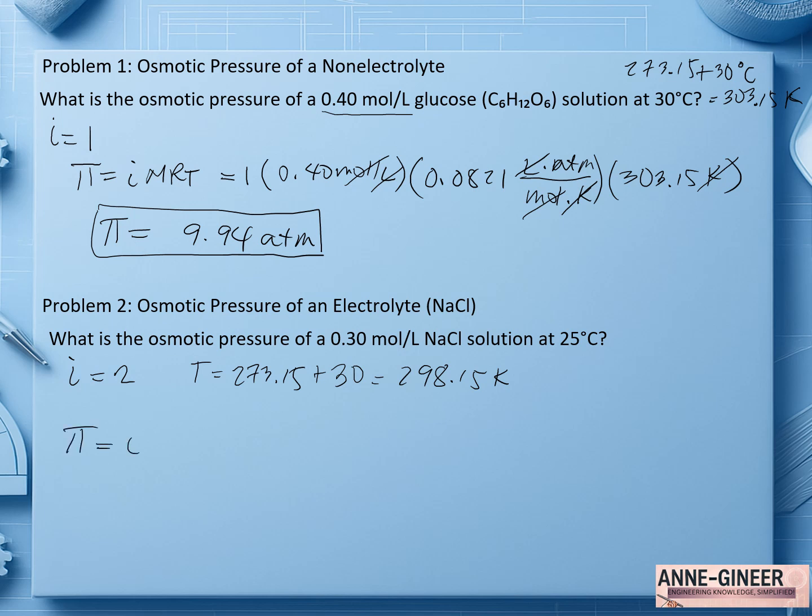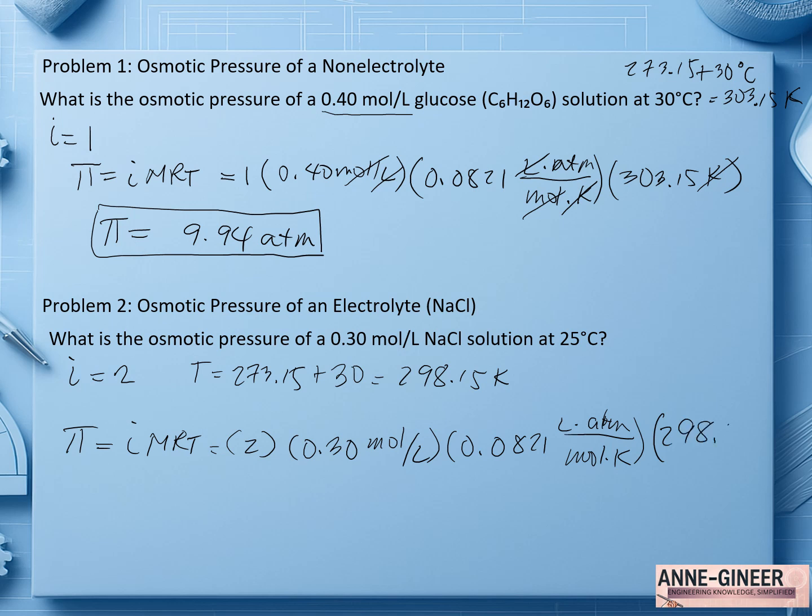Let's just put the values: 0.30 mole per liter times 0.0821 L atm over mole K times 298.15 Kelvin. Let's cancel the units, so we are left with 14.66 atm.